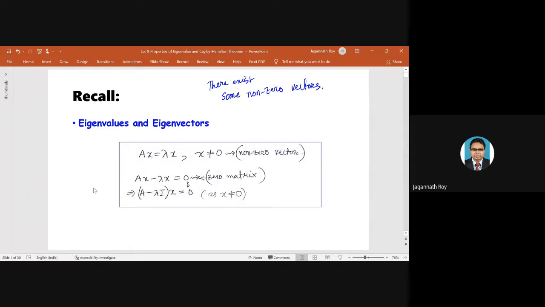Not all vectors are eigenvectors. For example, x, that is, x not equal to 0, and some real or complex numbers.